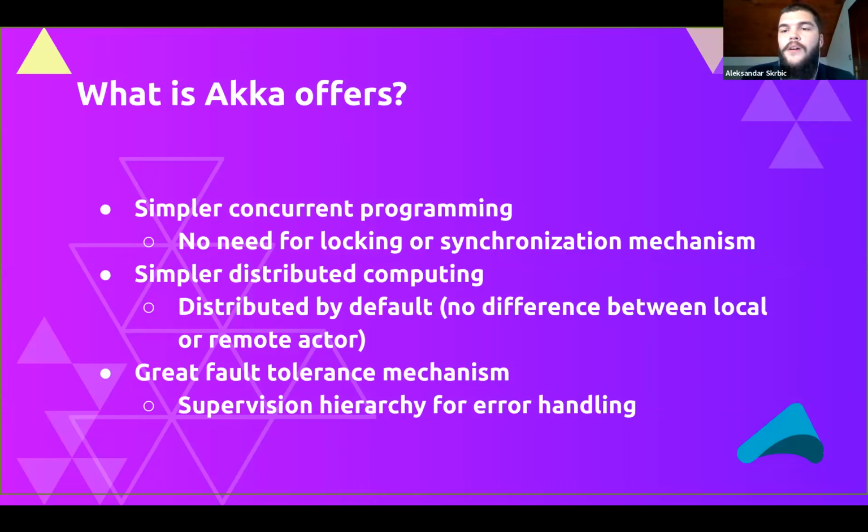So if you know how to implement a single node Akka application, there's no big difference to just distribute your actors and make your application distributed out of the box. And Akka also has a great fault tolerance mechanism, because Akka actors are organized in a tree-like structure where each parent who is higher in the hierarchy has control of its child actors.